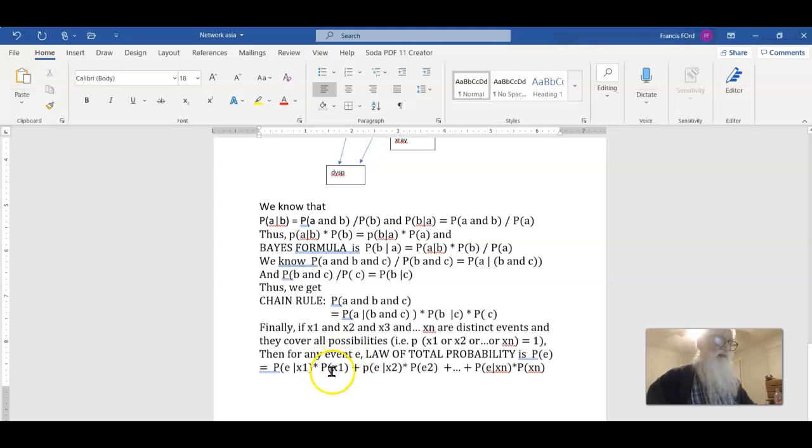So if you have the probability of X1, then what's the likelihood that E is going to happen? It's the probability of E given X1 times the probability of X1. And the same thing, and you keep adding them together. This is called the law of total probability.